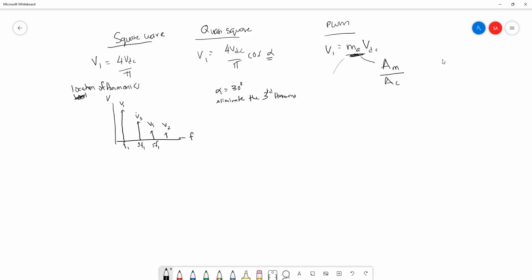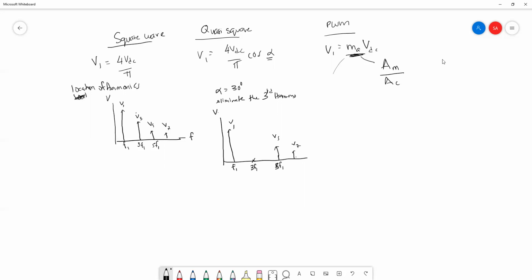So the spectrum will be like the square wave, with V1 at frequency F1, but because we select 30 degrees, the third harmonic is eliminated. The nearest one appears at 5 times the fundamental frequency, which is the fifth harmonic.